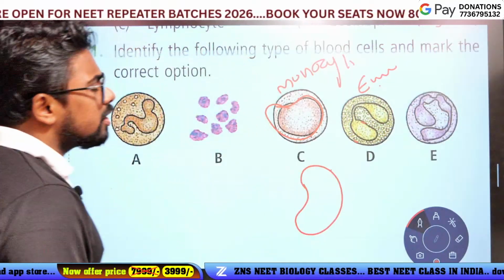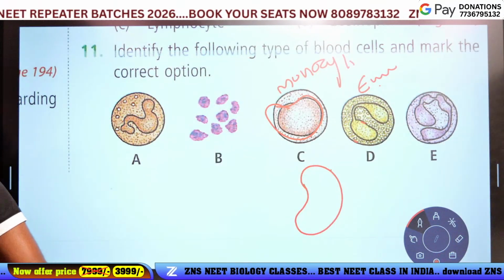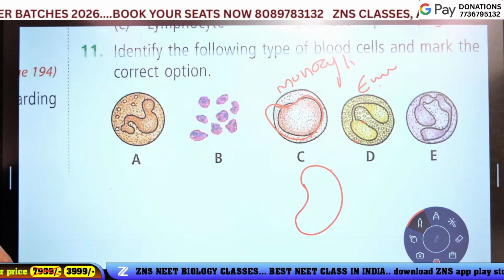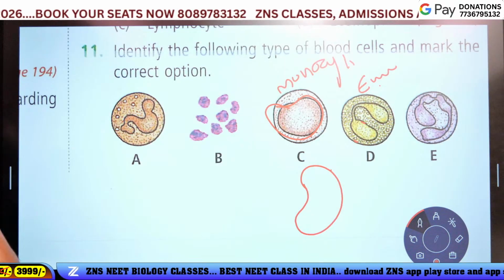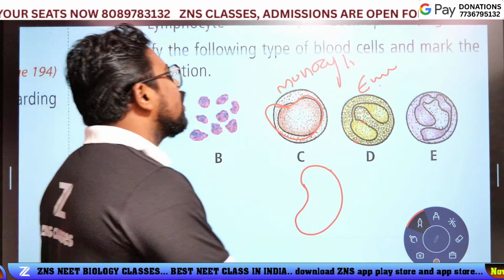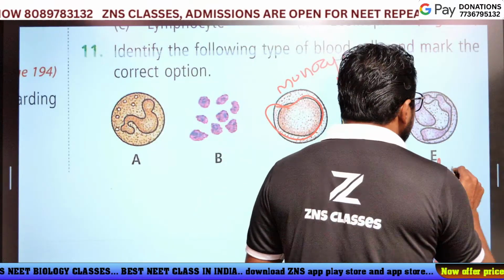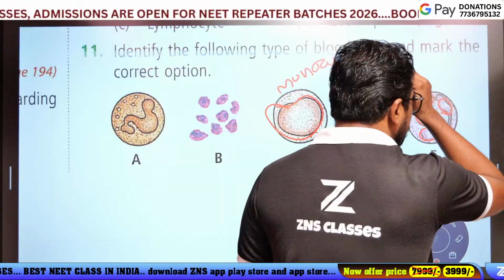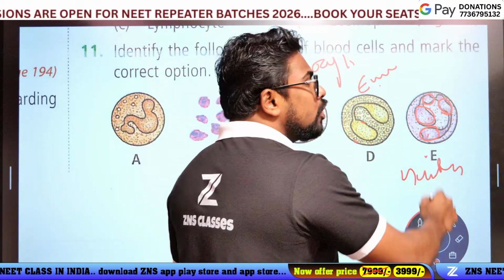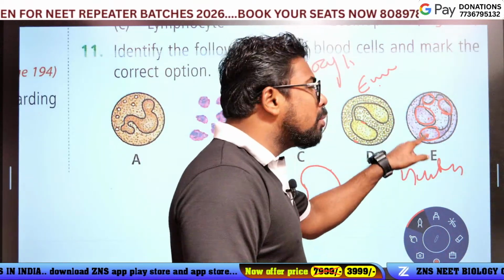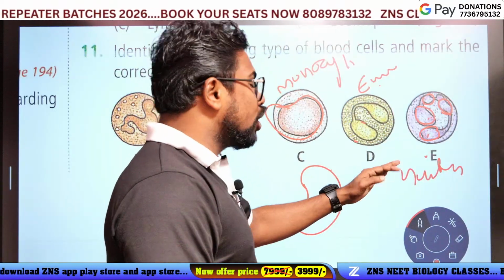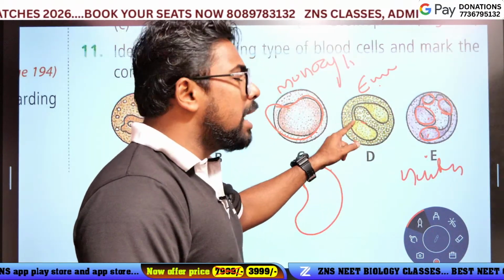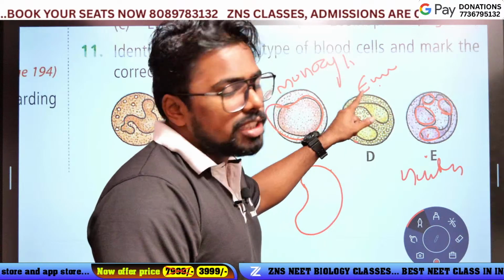And the last option, who is E? That is neutrophil, because it has a multi-lobed nucleus: one lobe, two lobe, three lobe, four lobe. A multi-lobed nucleus is neutrophil, and a bilobed headphone nucleus is eosinophil.